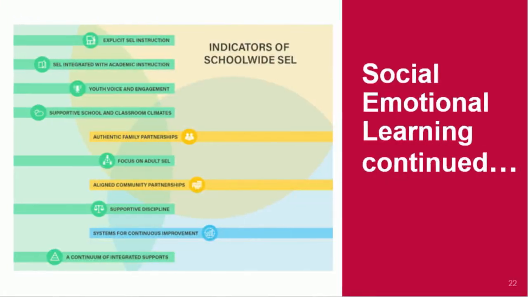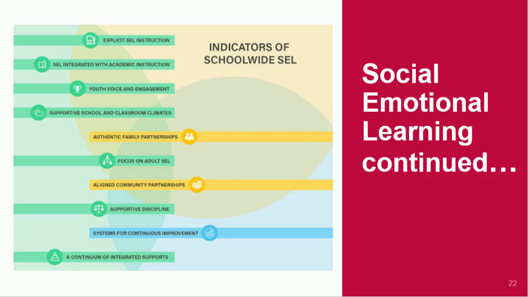These 10 indicators capture what you see when school-wide high-quality systemic SEL is fully implemented. For example, you'd see explicit SEL instruction using an evidence-based program, opportunities to encourage and listen to youth voice, supportive and equity-focused forms of discipline that center on restorative approaches rather than punishment and exclusion, a focus on adult SEL, and all the other activities shown here.